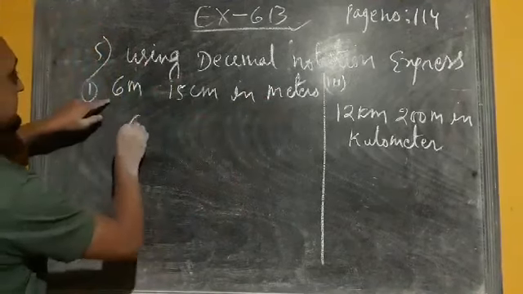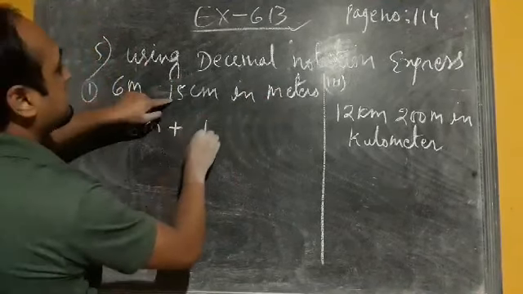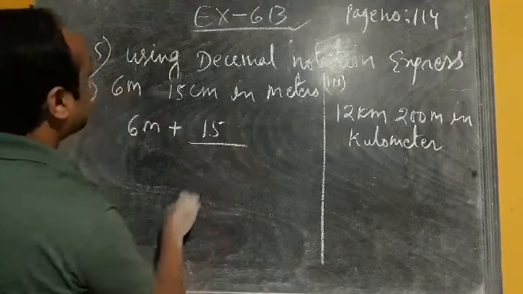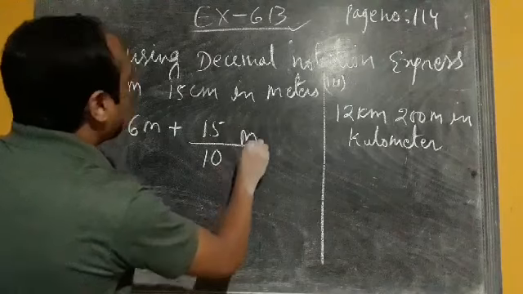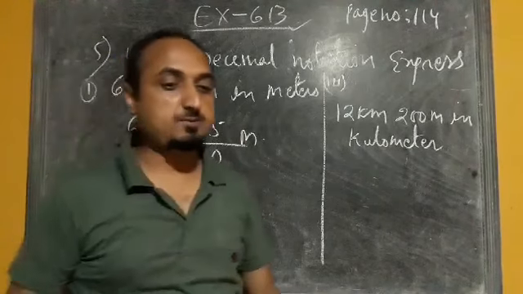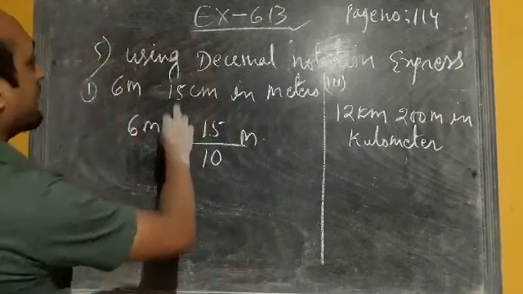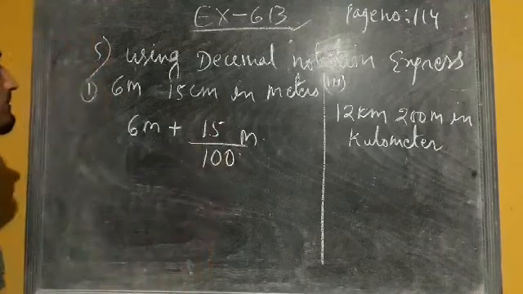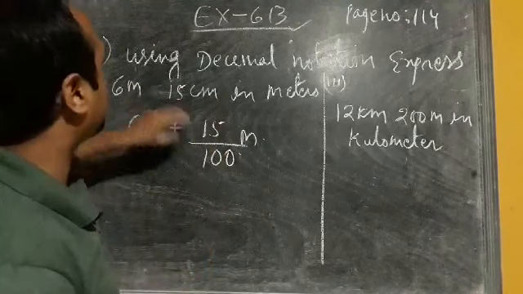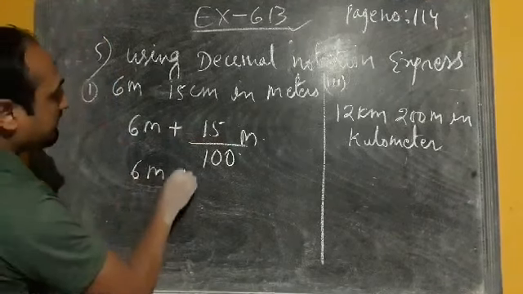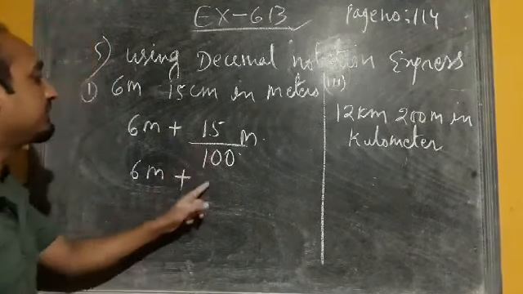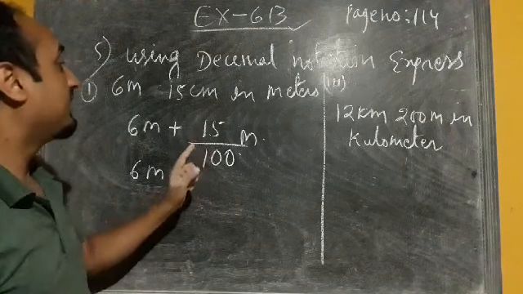First we'll write 6 meter plus this 15 centimeter, which can be written as 15 by 100 meter. We have to convert centimeter into meter, so here we have to divide by 100. Now 6 meter plus 15 by 100.